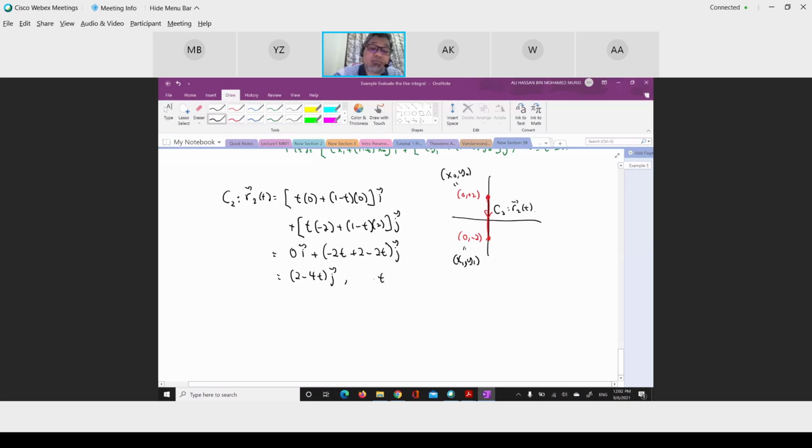And here, t must be between 0 and 1. So this parameterization also describes the same curve C2.